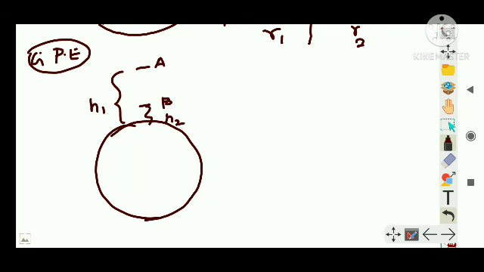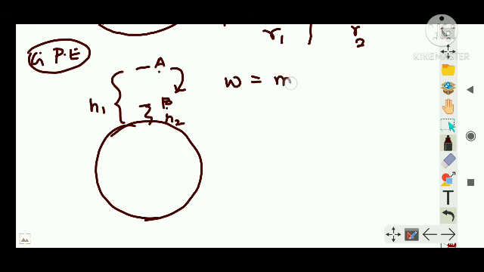I wish to bring an object from this position to this position, so obviously I am doing work. Work done is equal to the potential energy change.